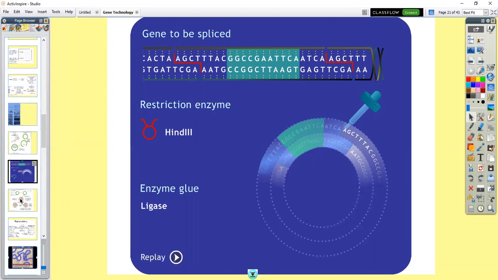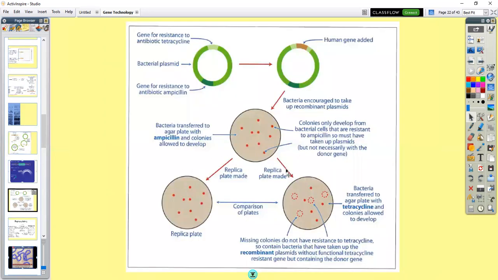Okay, in terms of identifying which plasmid has the desired gene, we can use plasmids with antibacterial resistance. So here, for example, is a plasmid which contains resistance to 2 antibiotics, one called tetracycline and one called ampicillin. So antibiotics obviously kill off bacteria.